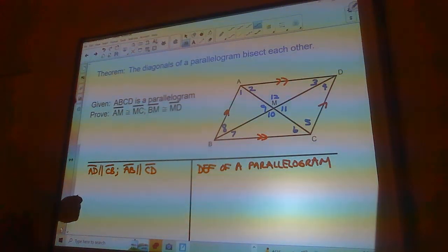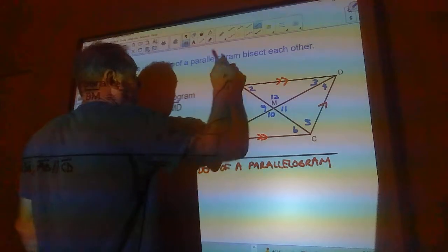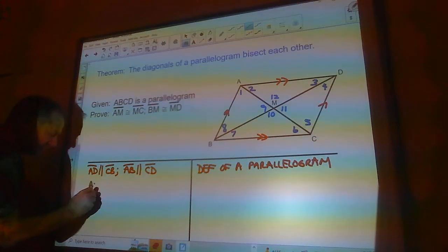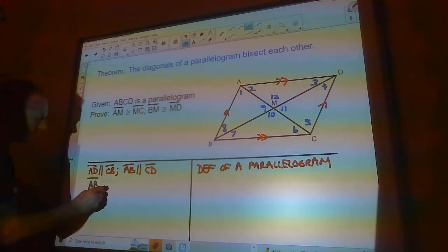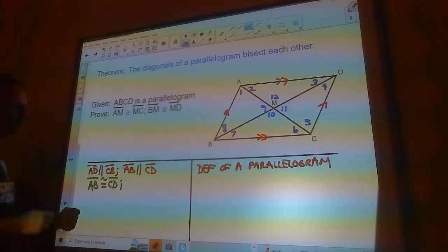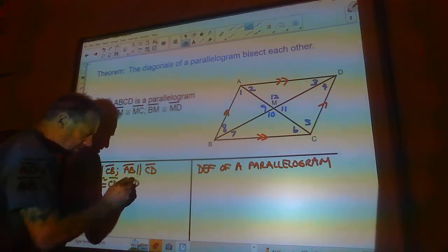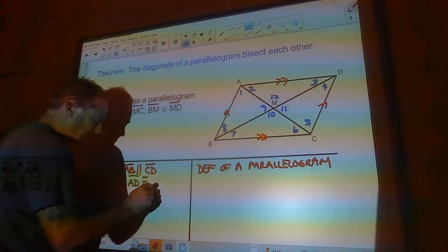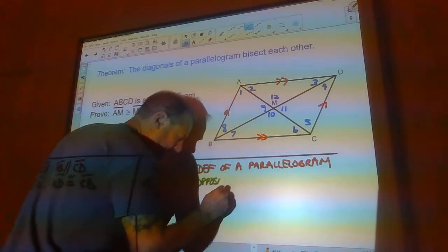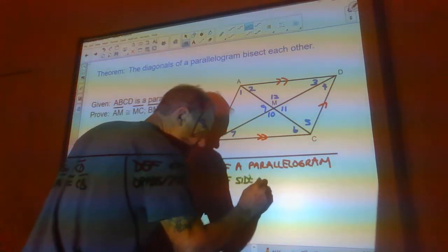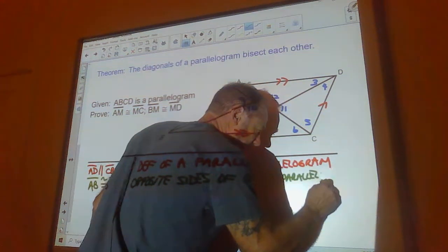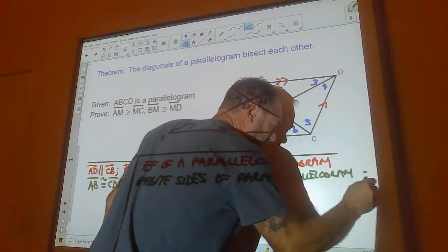Okay, now, since this is a parallelogram, I just proved something else. I proved that the opposite sides have to be equal. So that tells me that AB must be congruent to CD, and that AD has to be congruent to CB, because the opposite sides of a parallelogram are equal.